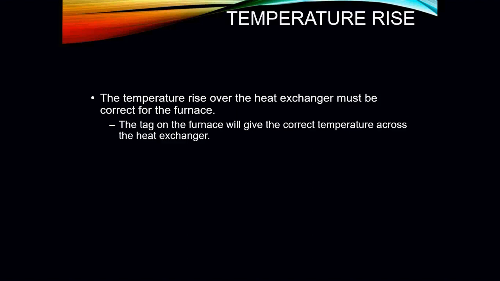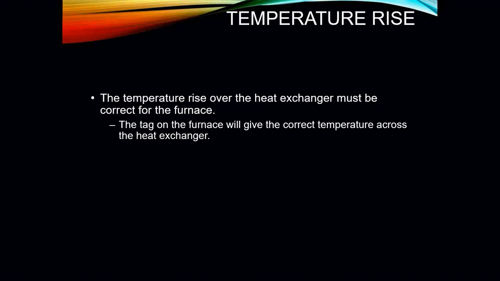The temperature rise over the heat exchanger must also be checked and also should be corrected when we are doing a combustion efficiency test. Okay, you're going to look at the tag on the furnace, and that will give you the correct temperature rise across the heat exchanger. That temperature rise could be anywhere between 50 degrees to 130 degrees.